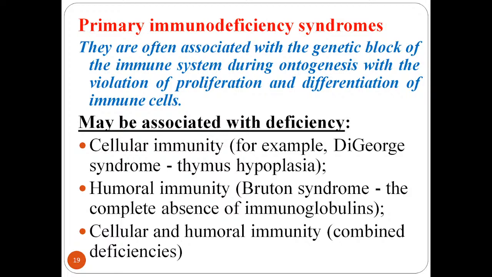Primary immunodeficiency syndromes may be associated with deficiency of cellular immunity, for example, DiGeorge syndrome. This is thymus hypoplasia.